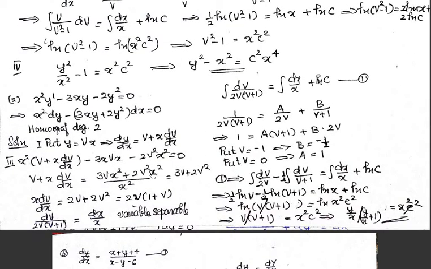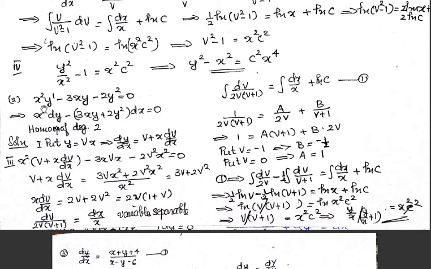Now next question. x square y dash minus 3xy minus 2y square equal to 0. What is y dash? It is dy by dx, and I wrote it in the almost standard form, x square dy minus of 3xy plus 2y square into dx equal to 0.